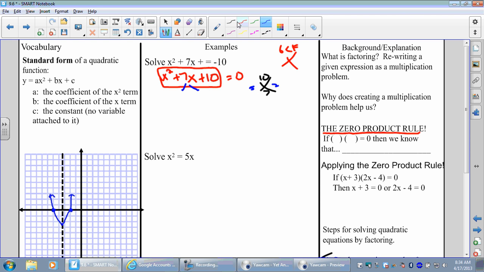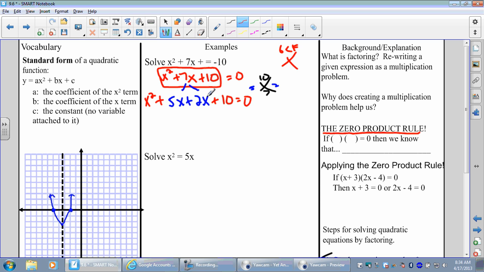All right, so now we have x squared plus 5x and 2x, and we still have our plus 10, and we still have equal to 0. A lot of people, for some reason, when we start doing this, their equal to disappears. All right, remember, math needs to be true from line to line.